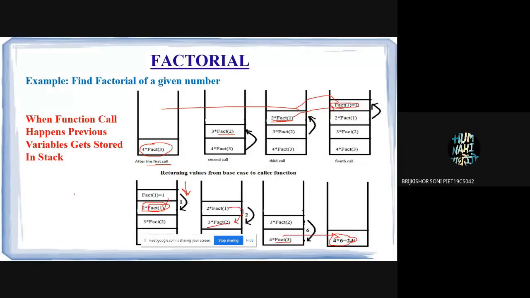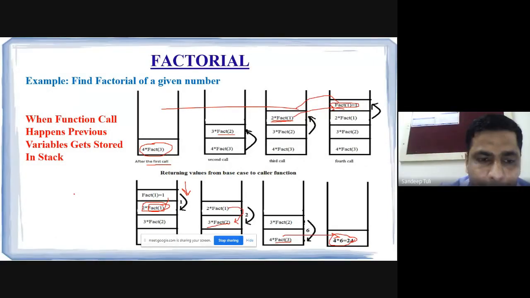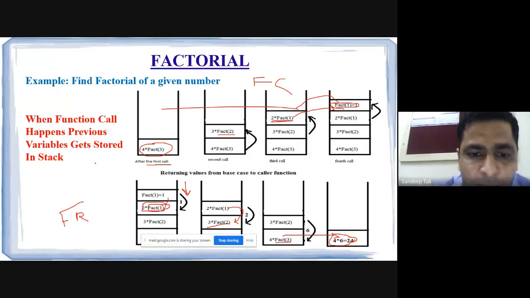So in this way, function calling and function returning happens. You should understand two things here: this is function calling, and this is function returning. One question is always asked in exams, and most probably it will come: how the stack is being used in function calling and function returning.